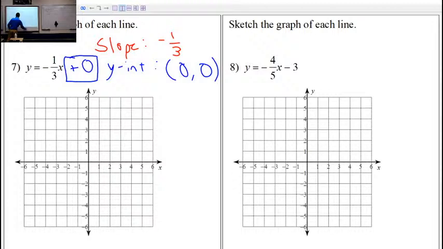That's our y-intercept. That's our starting point. And our slope, negative 1/3, will give us directions: we're going to move down 1. That's a negative direction for the change in y. And to the right 3. That's our change in x. So down 1 and to the right 3.